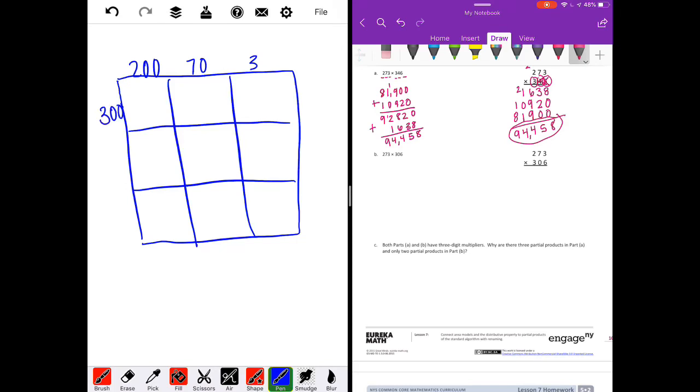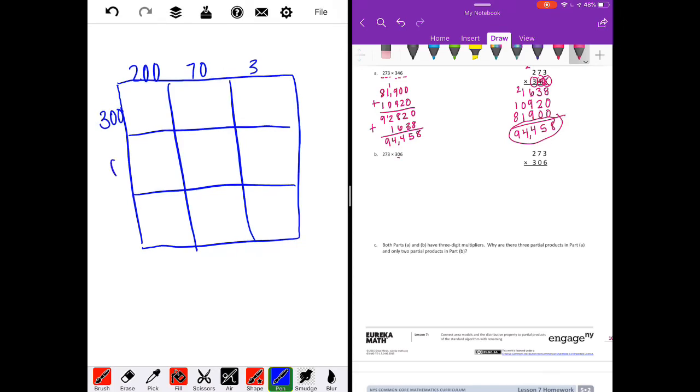Now there's nothing in the tens place, so we can just put a 0 there. And let's multiply. So 300 times 200 is equal to 60,000. 300 times 70 is equal to 21,000. And 300 times 3 is equal to 900.